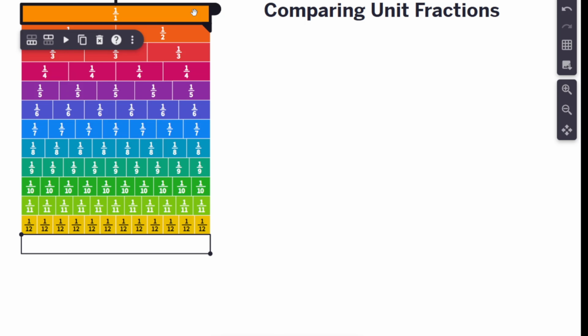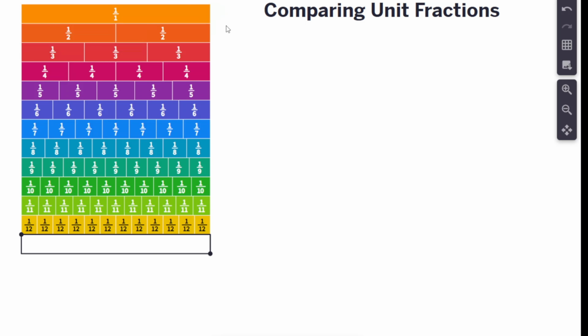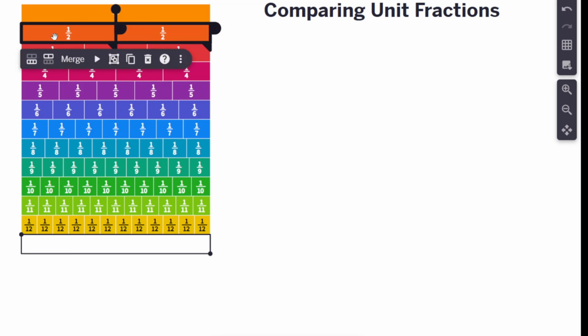This is a whole. A whole is something that is complete, it has not been cut up, but it can also be made up of parts, like what we see over here.